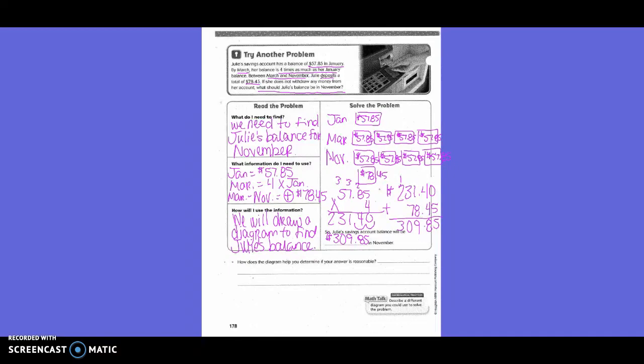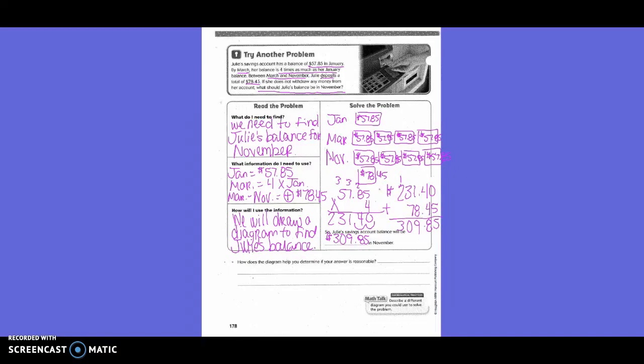So how does it help us show that the answer we came up with could actually be her bank account? Does each box show how it gets bigger and bigger?